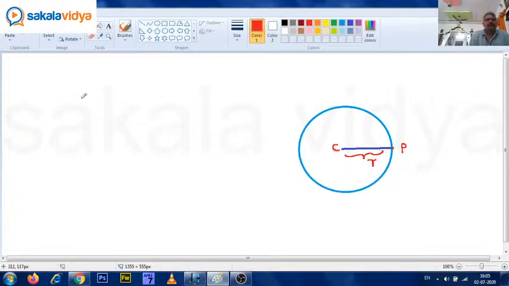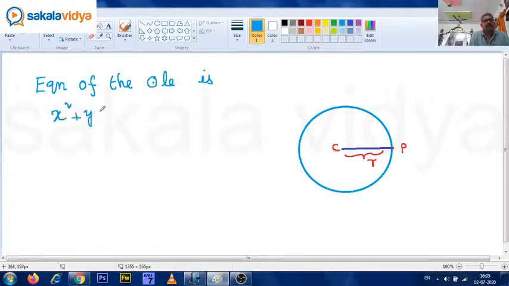See now, the equation of the circle is x square plus y square plus 2gx plus 2fy plus c equals to 0. This is called the standard form.